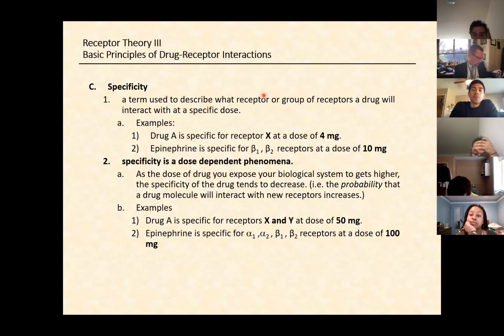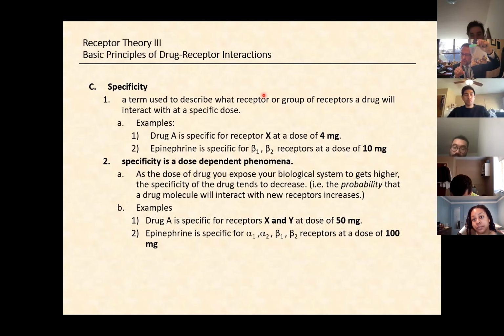Now, specificity actually determines what specific type of receptor or group of receptors a drug will interact with. So, for example, we know that I am selective for the peanuts and raisins over the celery. But what about the individual little receptors in this bag here?